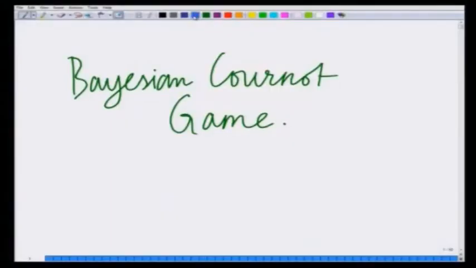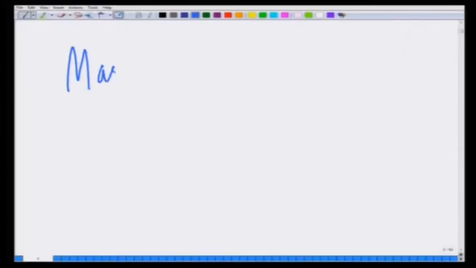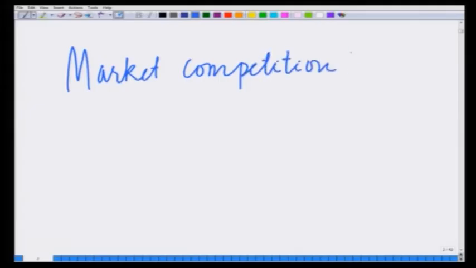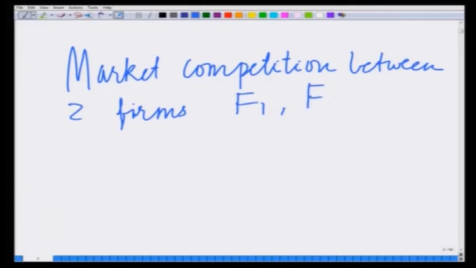Remember, the Cournot game models market competition between two firms, F1 and F2.